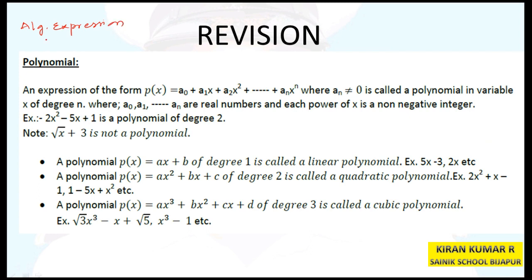We have understood the meaning of polynomial, and the standard form of a polynomial is given by p of x is equal to a naught plus a1x plus a2x square plus so on till an x to the power n, where an is not equal to 0. It is the standard form.